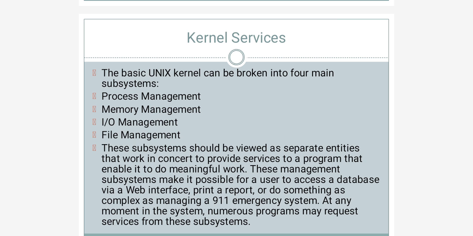Here they have given some examples like accessing a database, printing a report, and managing an emergency system. All these are examples of how the subsystems interact and produce appropriate results for the action being handled.